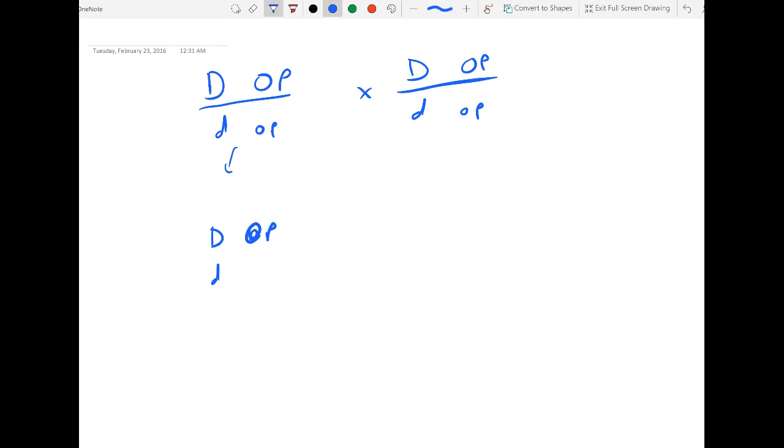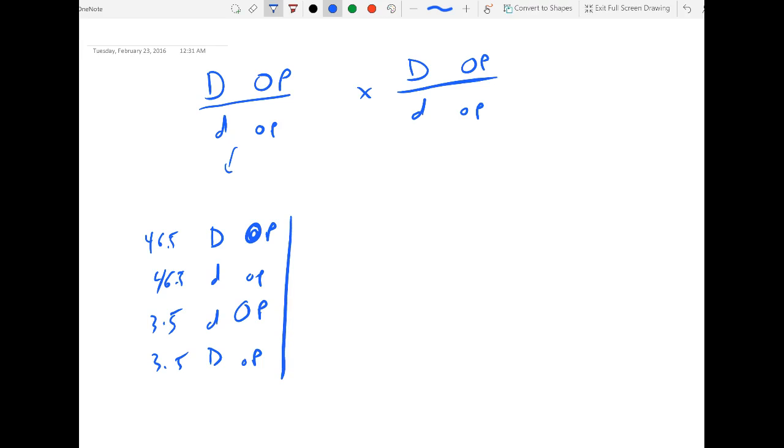I wish they'd give us better letters that we could see big and little. And then little d, big OP, and big D, little OP. So just like before, if these are the parents, this is 46.5. This is 46.5. This is 3.5. This is 3.5.